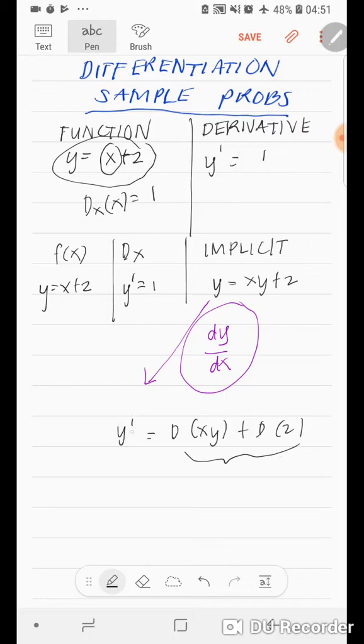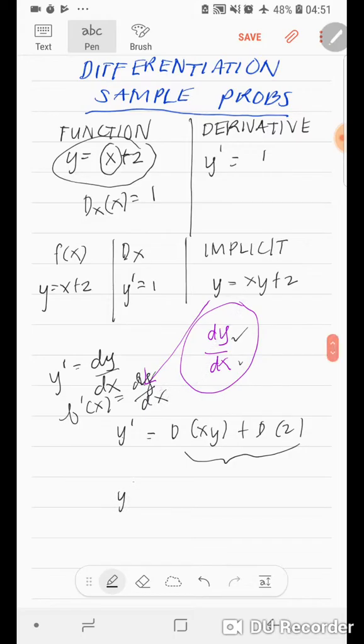So in this case, we are getting the differentiation of y with respect to x. So we need to write this because we all know that y prime is equal to dy over dx. The same thing with your f prime of x, where your y changes with respect to x.